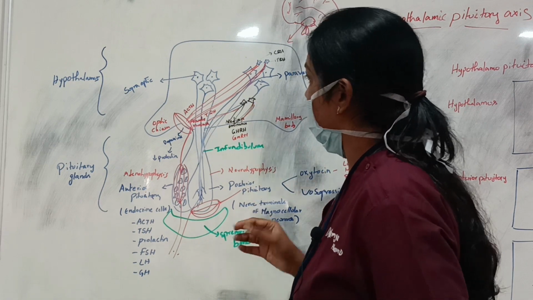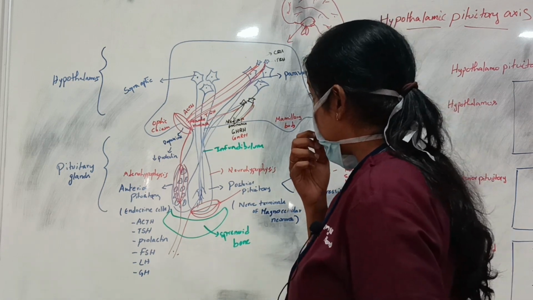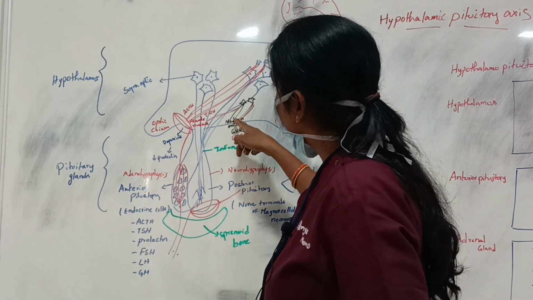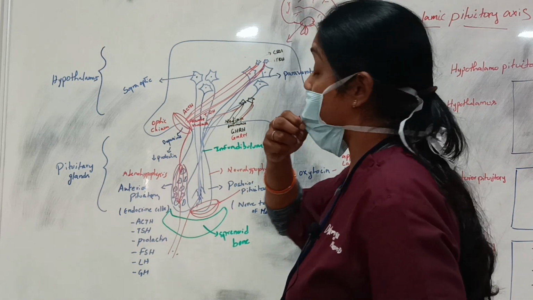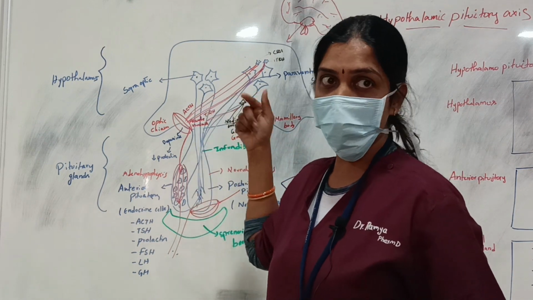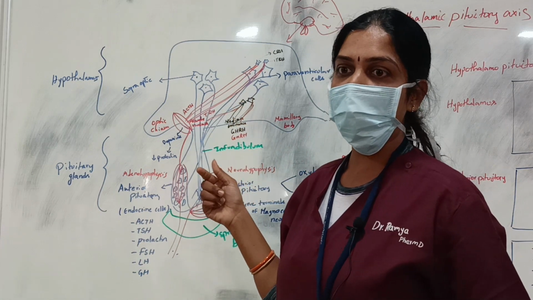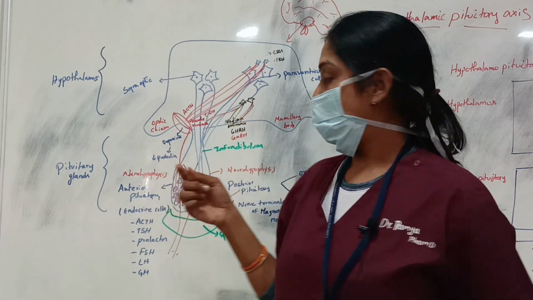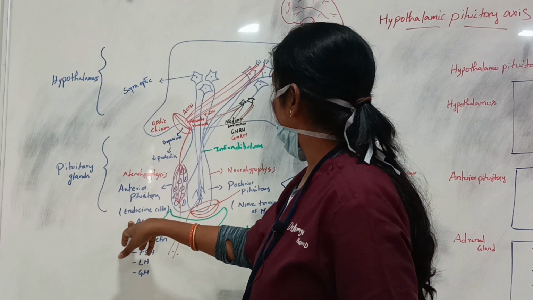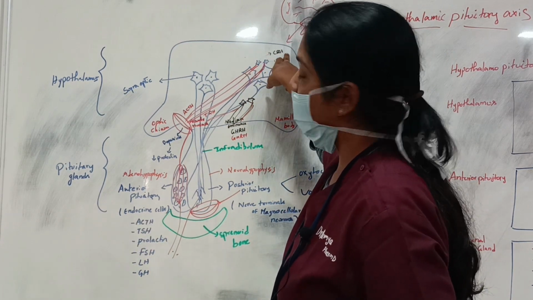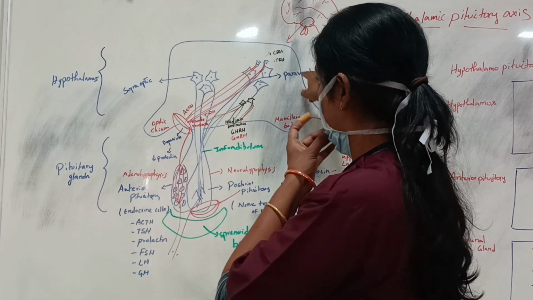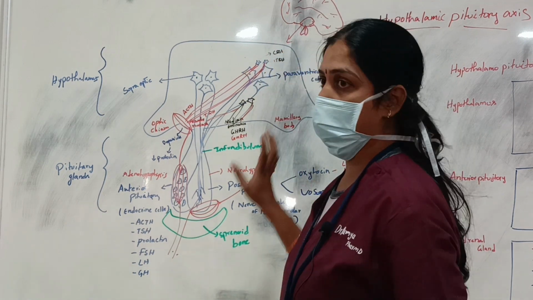The median eminence will release corticotropin releasing hormone. What comes from corticotropin releasing hormone? Yes, adrenocorticotropic hormone. So this comes from one set of neurons, the small neurons, which release corticotropin releasing hormone.